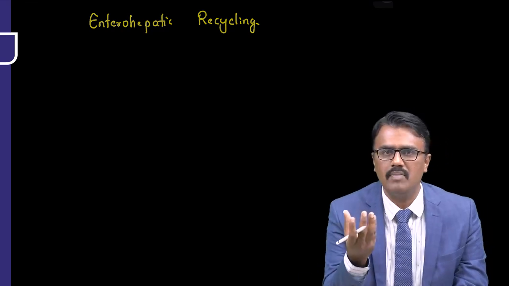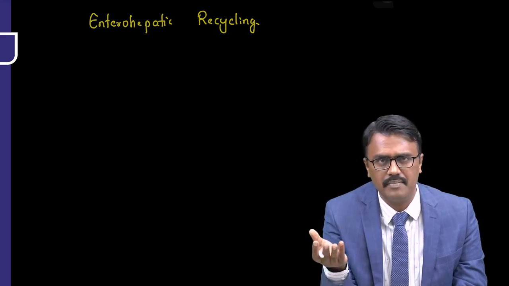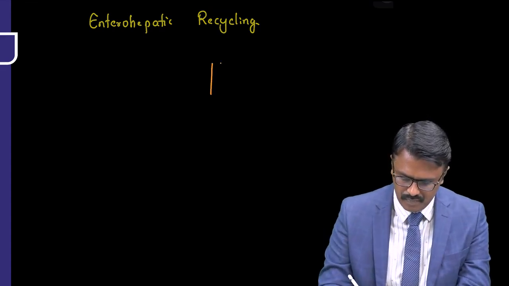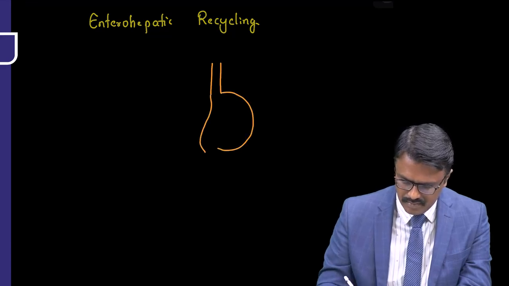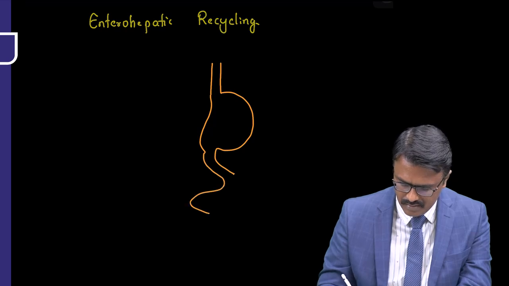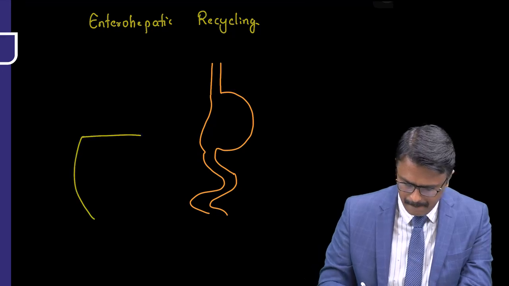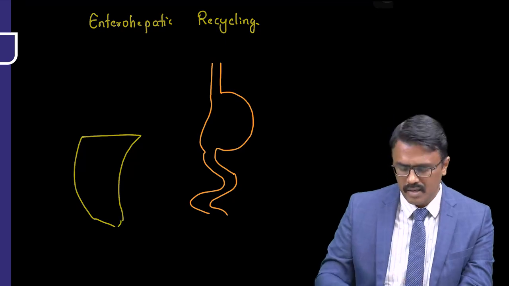Suppose you are using a plastic bottle, it is written on that it is recyclable. That means you can reuse it again. Now what happens in certain drugs? Let me draw. This is the esophagus, stomach, the intestine, and this is the liver. Now what happens?